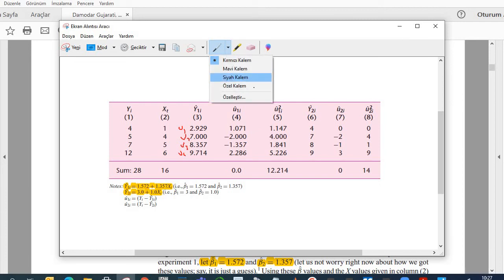For the second one, they obtained u1, 1, u2, minus 2, u3, minus 1.